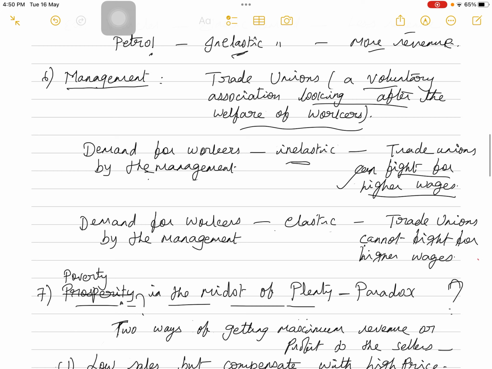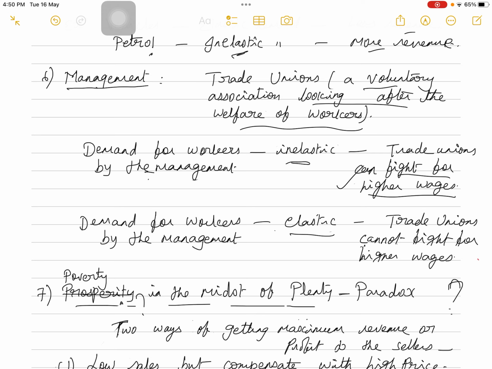On the other hand, if these 50 workers have elastic demand, that means the management can find alternative workers. It is not necessary that only these 50 workers be employed. If they demand higher wages, the management can say, I will not pay the higher wages, I can look for someone else.